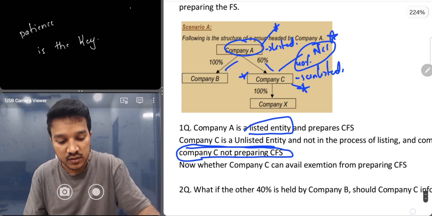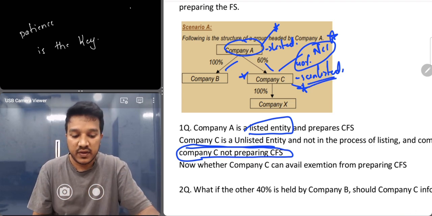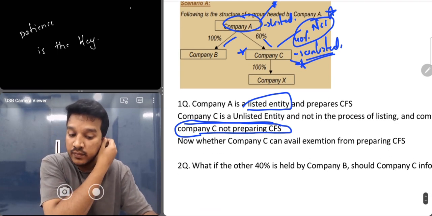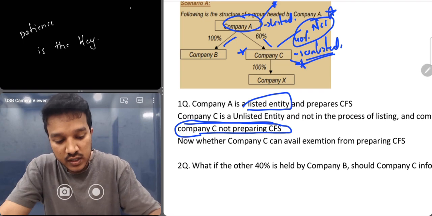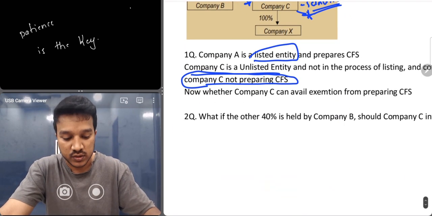What is the third condition? Company C should not be a listed entity and not in the process of listing. They have given that company C is an unlisted entity. So if all these three conditions are satisfied, then and only then can you claim exemption. So don't forget that company C has to take permission from non-controlling interest as well. Those are the other owners.